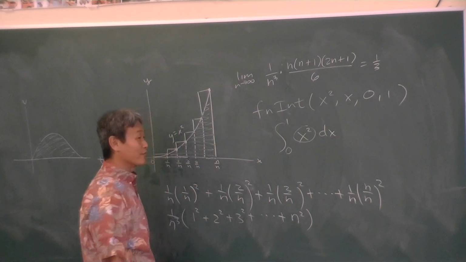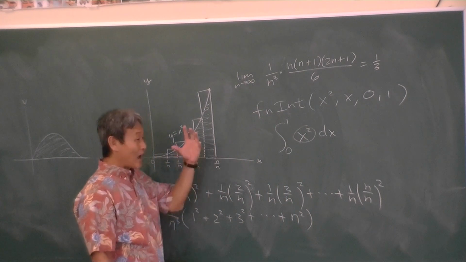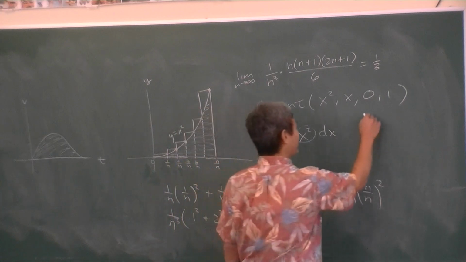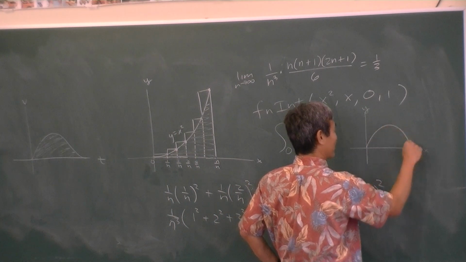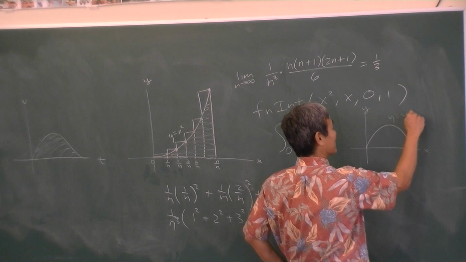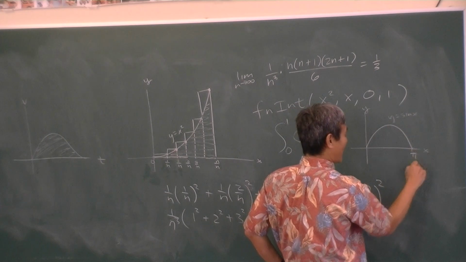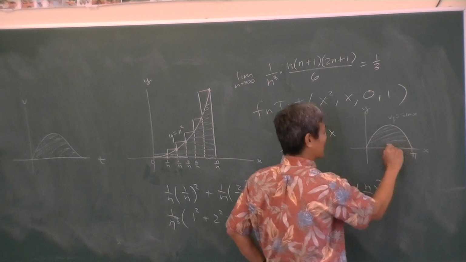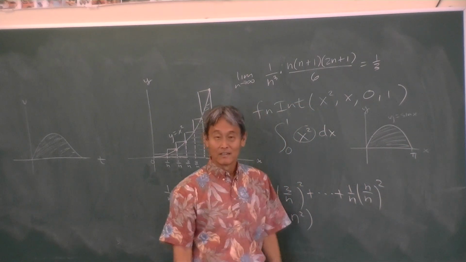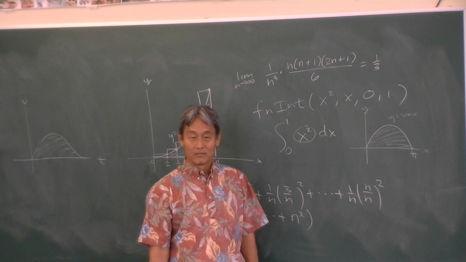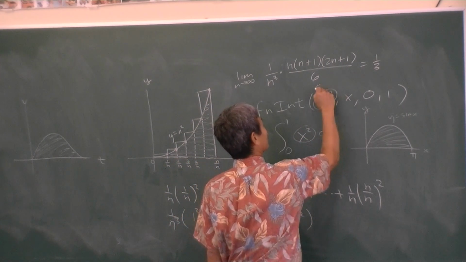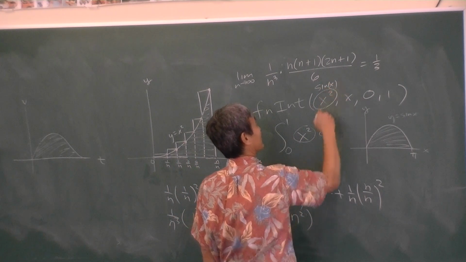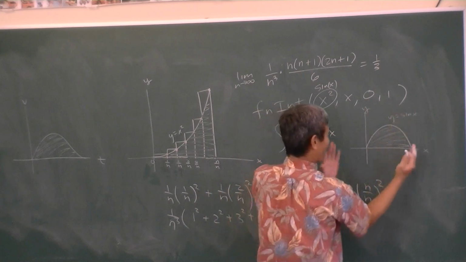Now you can find the area between any graph and the x-axis. What if I ask you to do this? Here's the graph of y equals sine x, and of course, this would be pi. Compute this area exactly. Take out your calculator and just do this. The only difference is you change this to sine x, and instead of 0 to 1, you want it from 0 to pi.